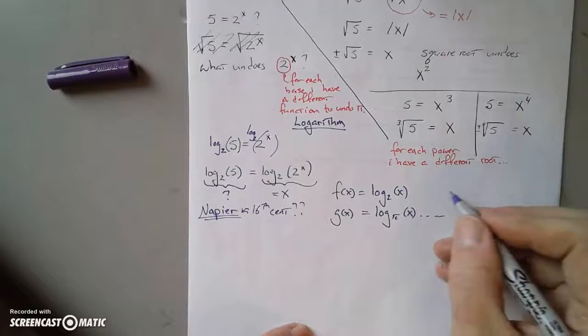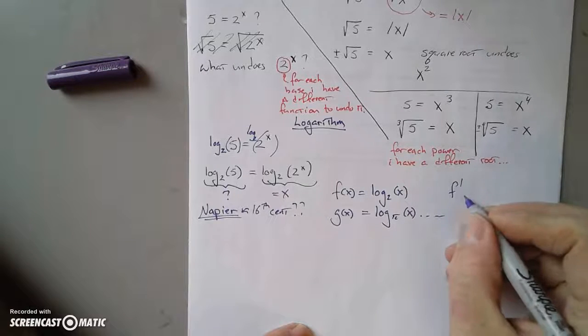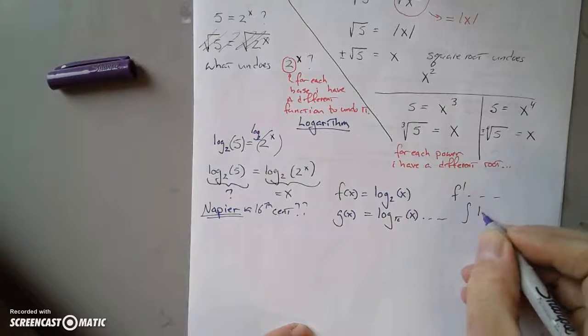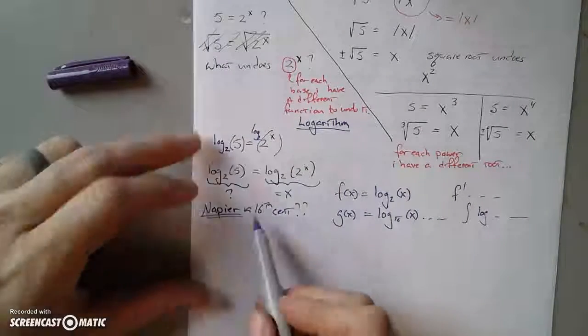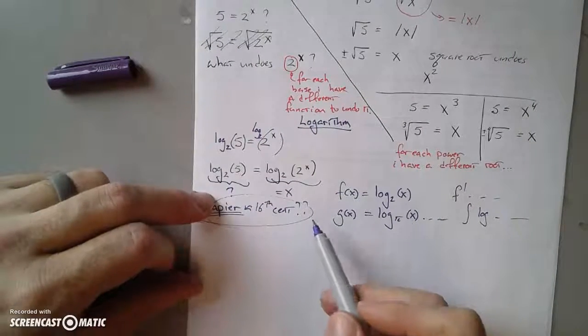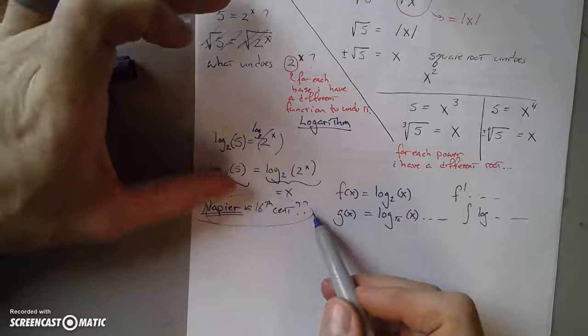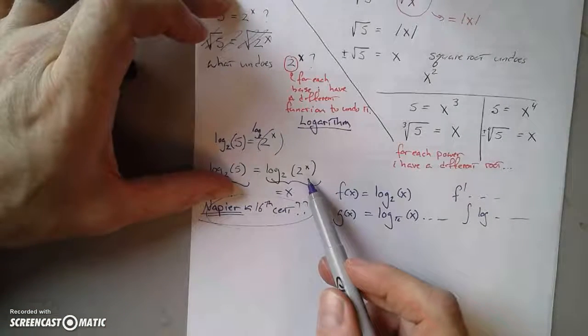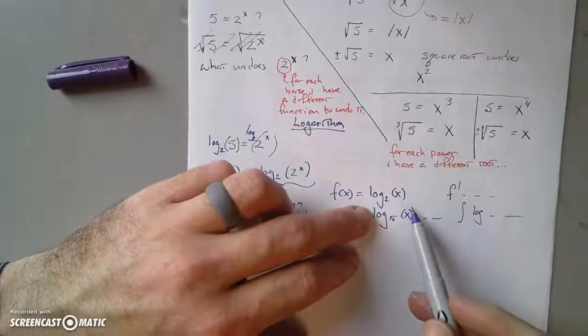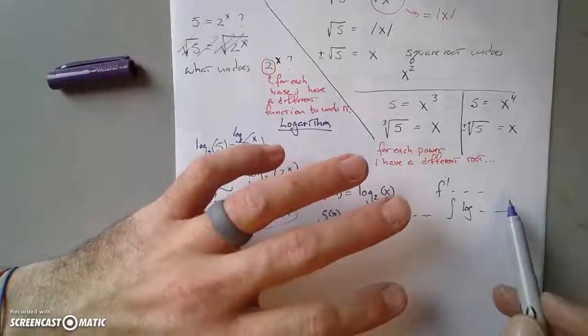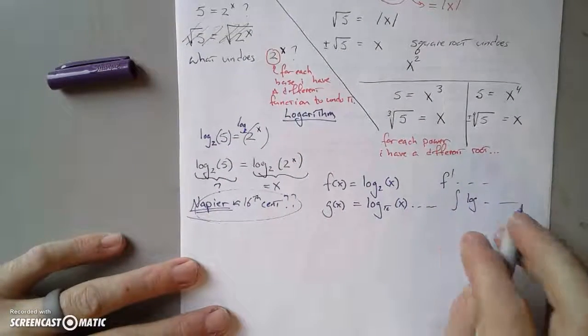And you can do derivatives of these things, they have f primes, and you can do integrals of logs, and so on and so forth. So their origins are in calculation and navigation. The algebra of them, part of it is solving equations. They're a function in their own right, and they have interesting applications in science, so you can do calculus on them.